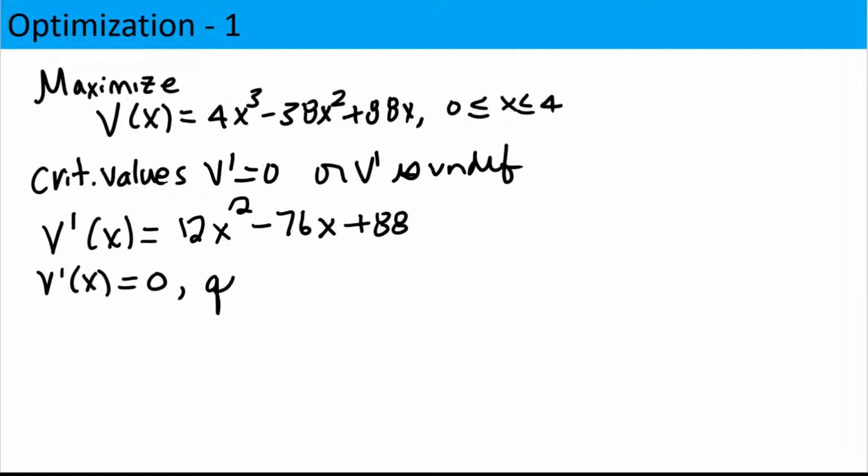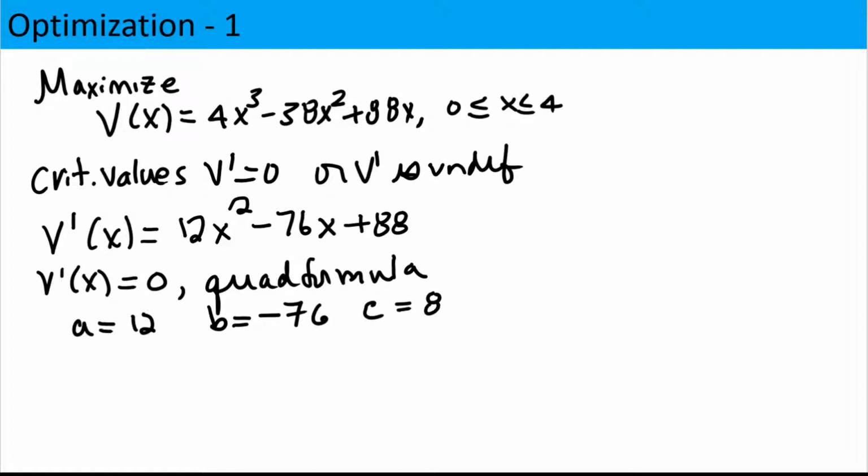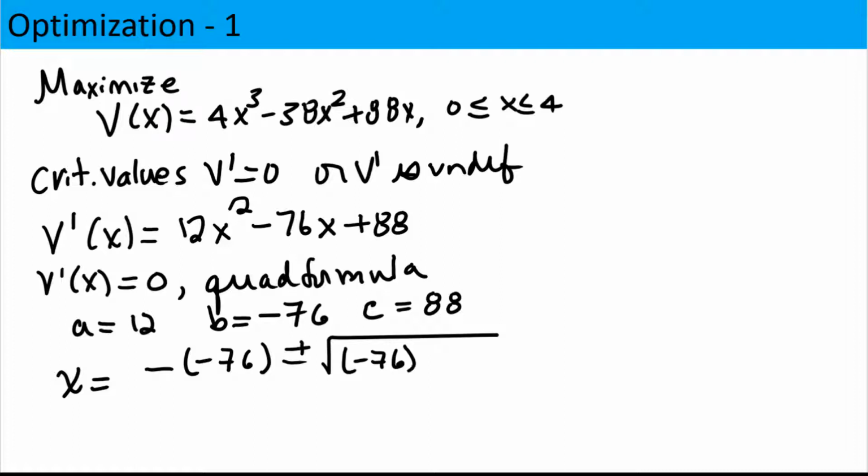So we're going to use the quadratic formula with a equals 12, b equals negative 76, and c equals 88. So x is equal to the negative of b, which is negative 76, plus or minus the square root of b squared, negative 76 squared, minus 4 times a times c.